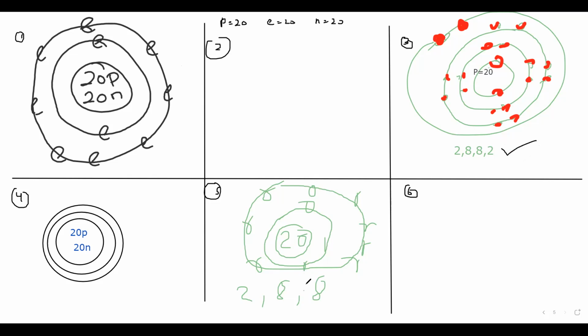Okay, let's try 2, 8, 8. And Hatim, there should be 2 as well here, because you are arranging a total of 20 electrons, so there should be another shell.